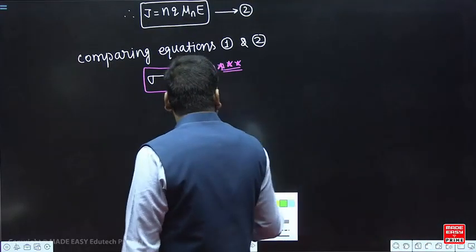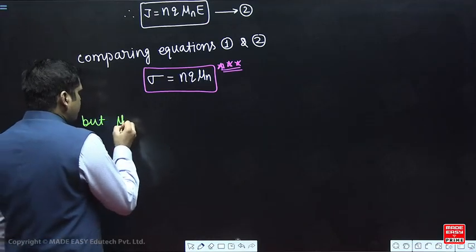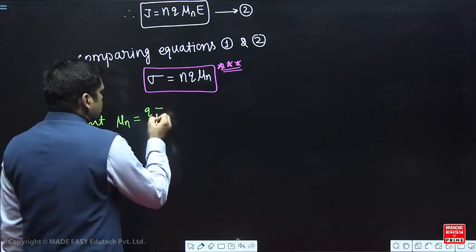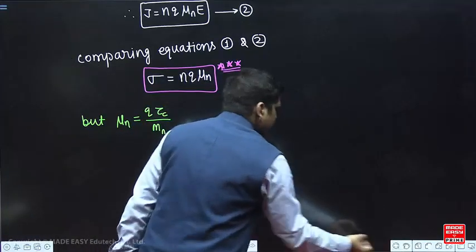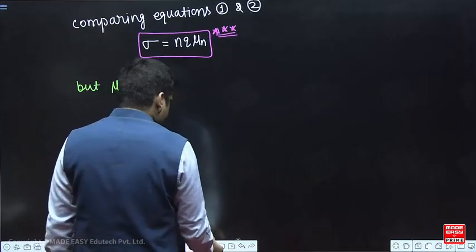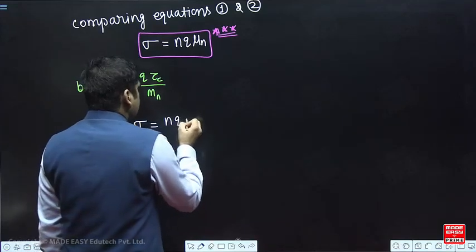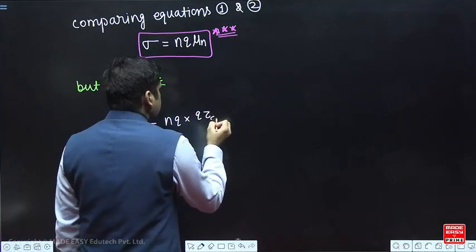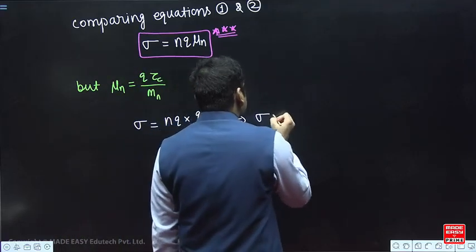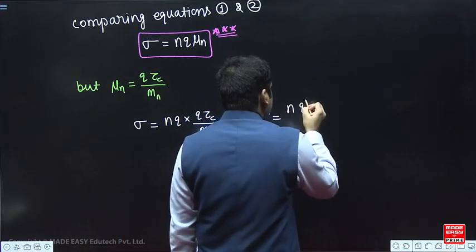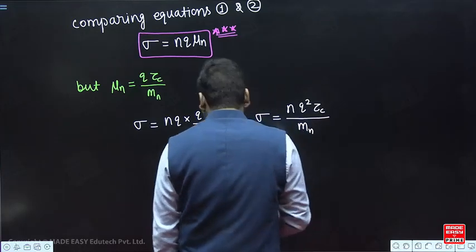We have written just a few moments before that mu n is equal to q tau c upon mn. So if I put this value, then I can have sigma is equal to nq into q tau c upon mn. So sigma is equal to nq square tau c upon mn.